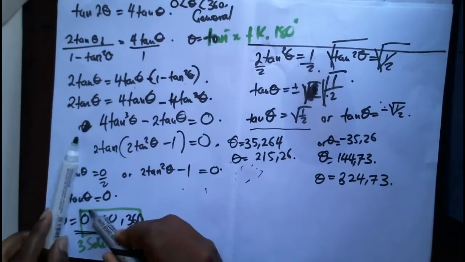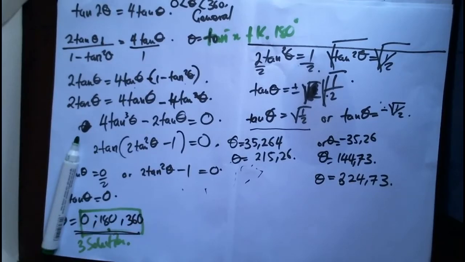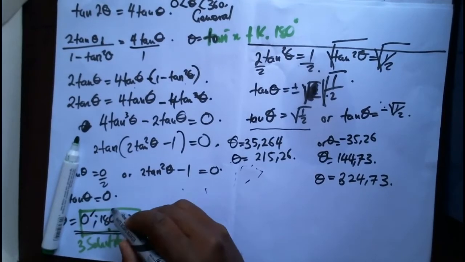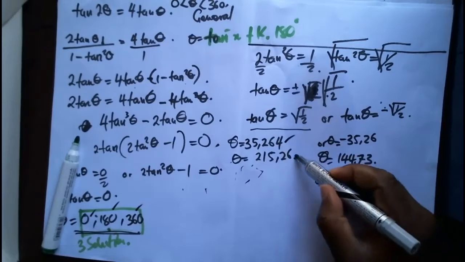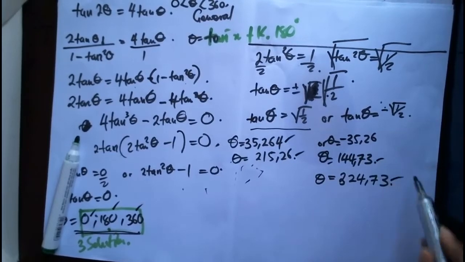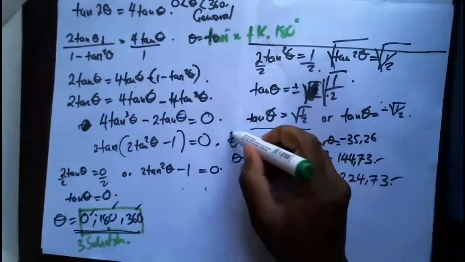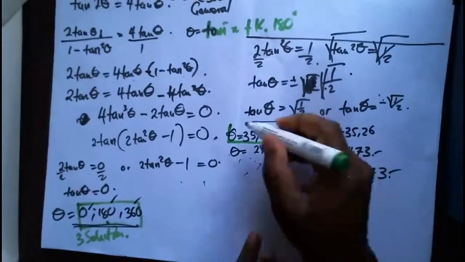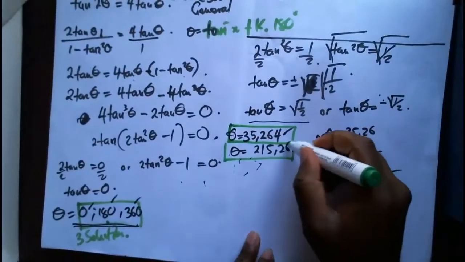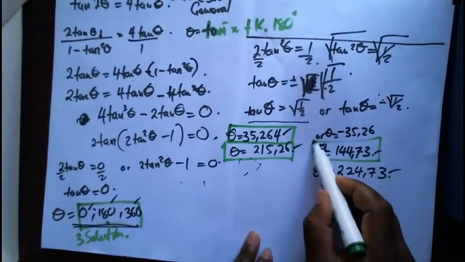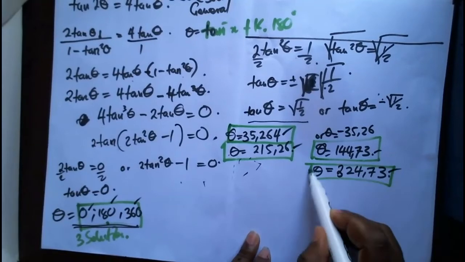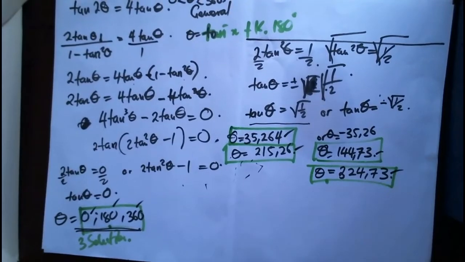I got 1, 2, 3, 4, 5, 6, 7. Those are all the solutions that I got that are between 0 and 360, if I manipulate my equation correctly. So I got 7 solutions.